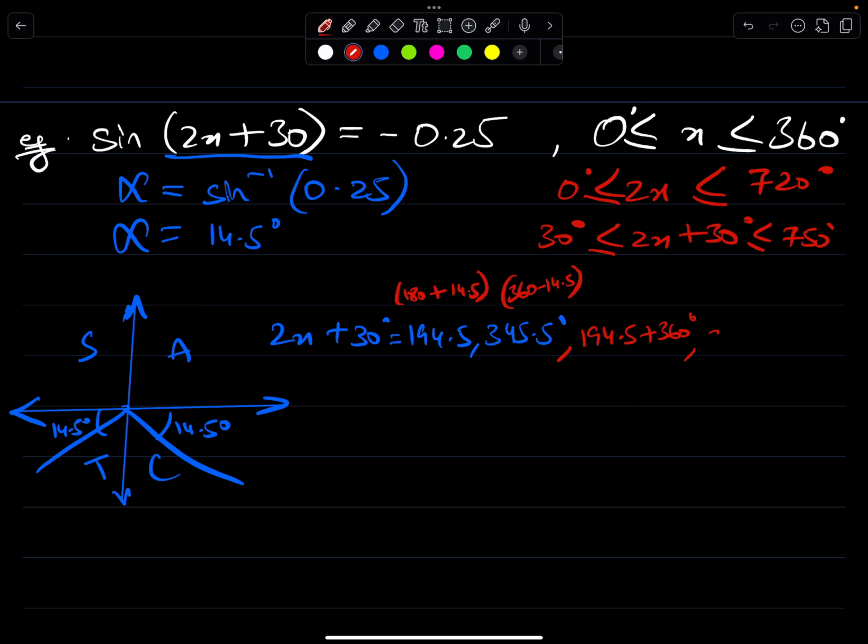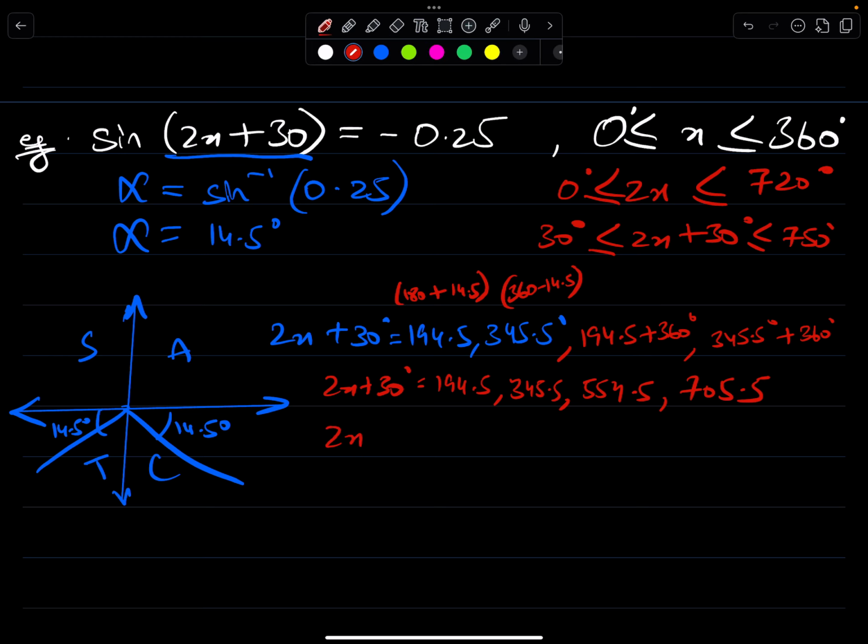And we also have 345.5 degrees plus 360. Thus, 2x plus 30 turns out to be 194.5, 345.5, 554.5, and 705.5. You will subtract 30 from everything.